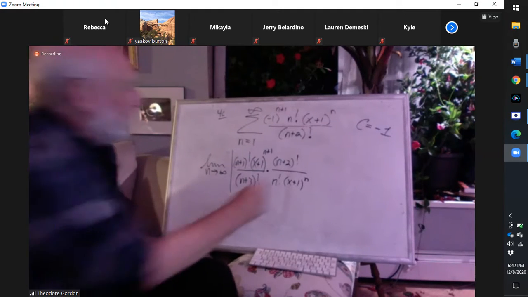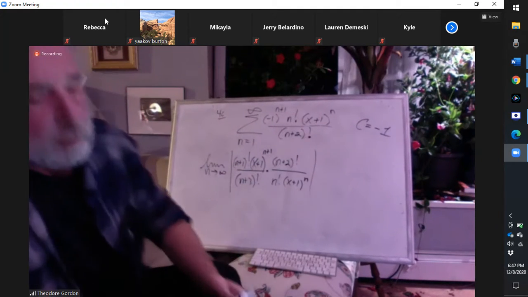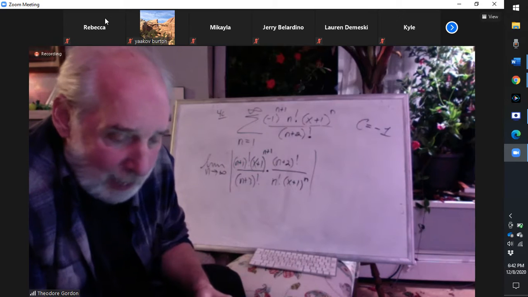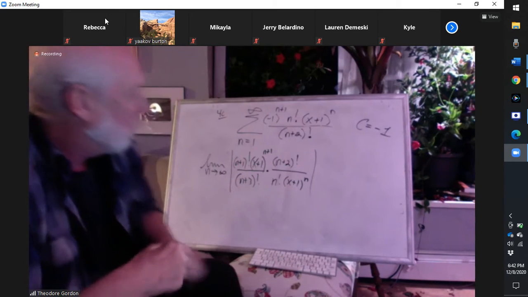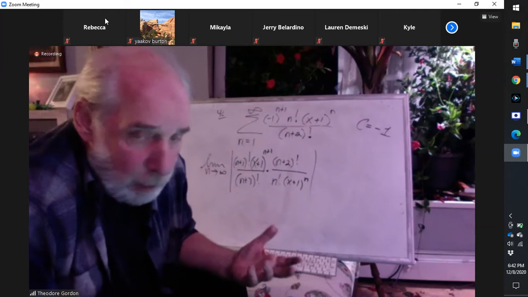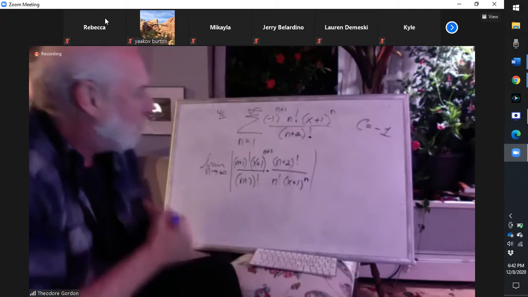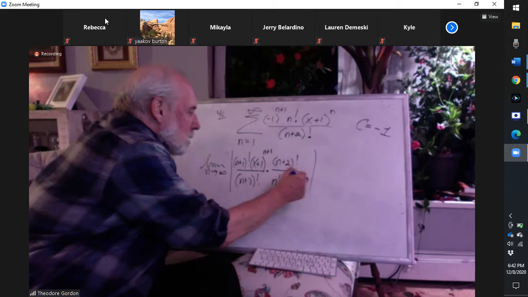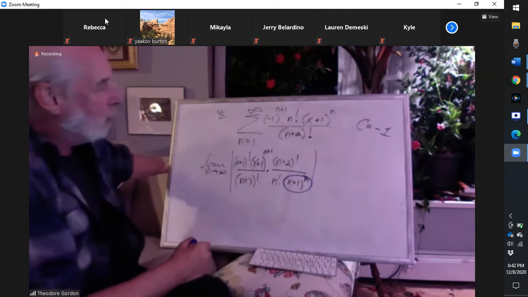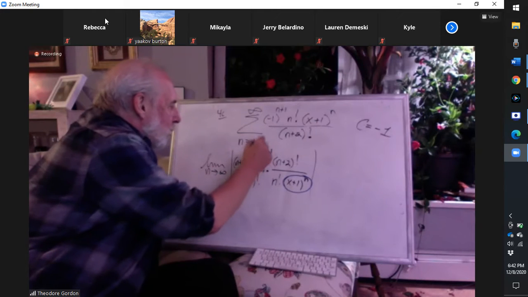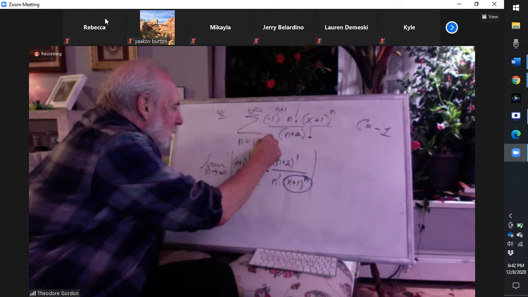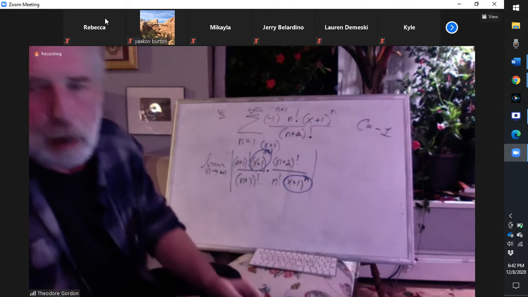All right, oops, and absolute values. Now, here comes all the canceling out. With a ratio test, there's always canceling out. And you will always be left with an x to the first on the top. So down here, that x plus 1 to the n cancels out that one and just leaves us with a single x plus 1 on the top.